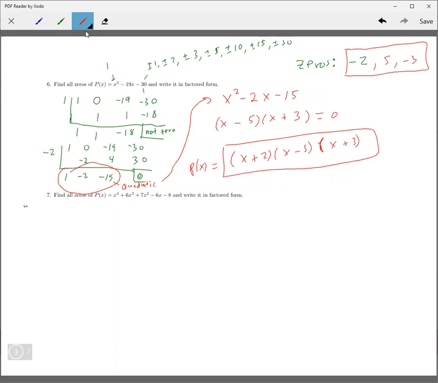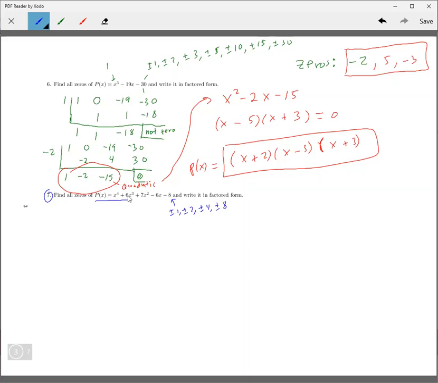Okay, number 7, we have the same sort of thing going on with number 7. Find all zeros of this. And let's see, we have plus or minus 1, 2, 4, and 8. Let's see, is 1 going to work?